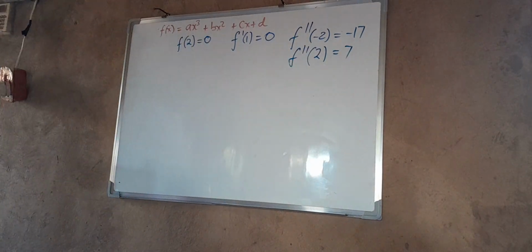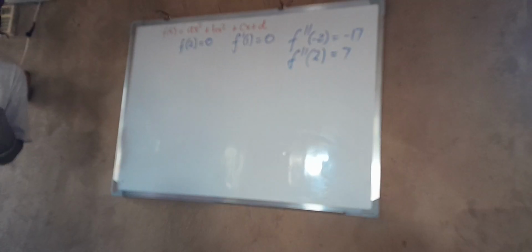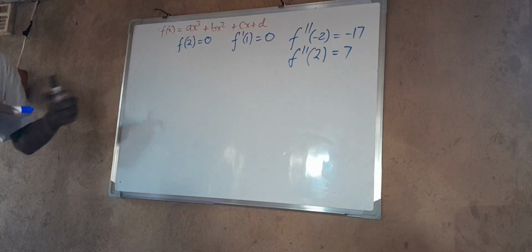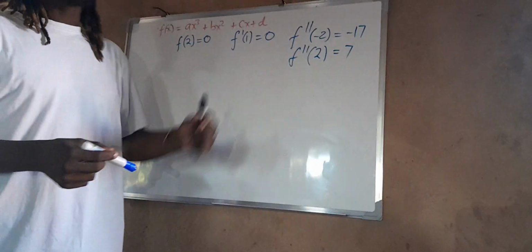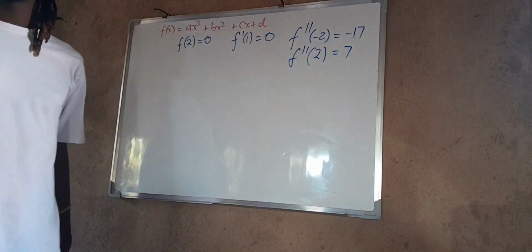So guys, we just make use of whatever they gave us. Don't be scared of these things. You know the meaning of these things, right? So let's start with the second derivative. These ones are the second derivatives. So our first derivative becomes 3ax squared plus 2bx plus c.